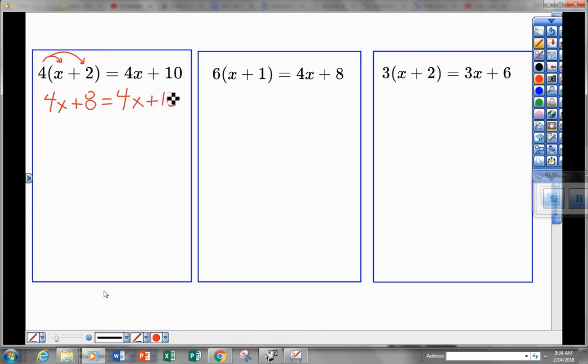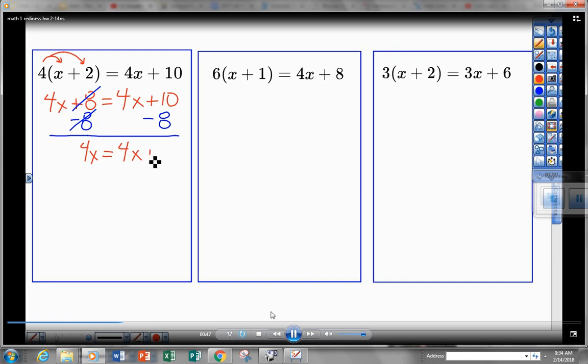First step, always start on the left side. Get rid of the plain number on the left. So I'm going to start by getting rid of that 8. And then once I get rid of that 8, I want you to recognize what you get. So I get 4x on the left equal to 4x, and then 10 minus 8 is 2.